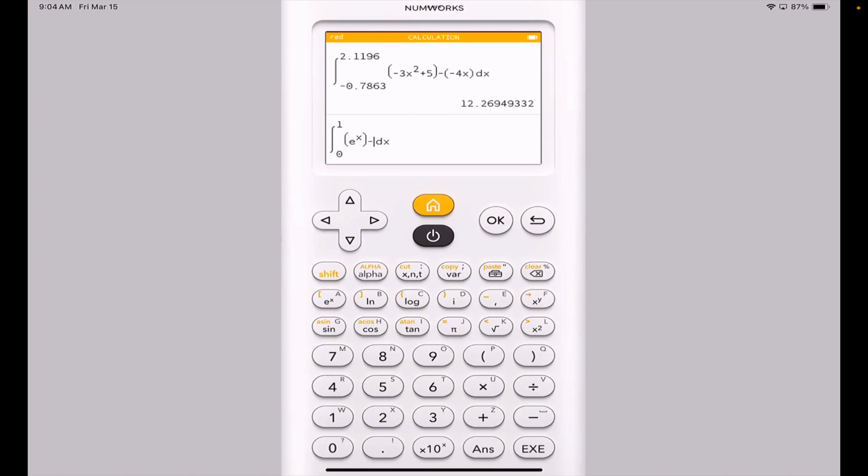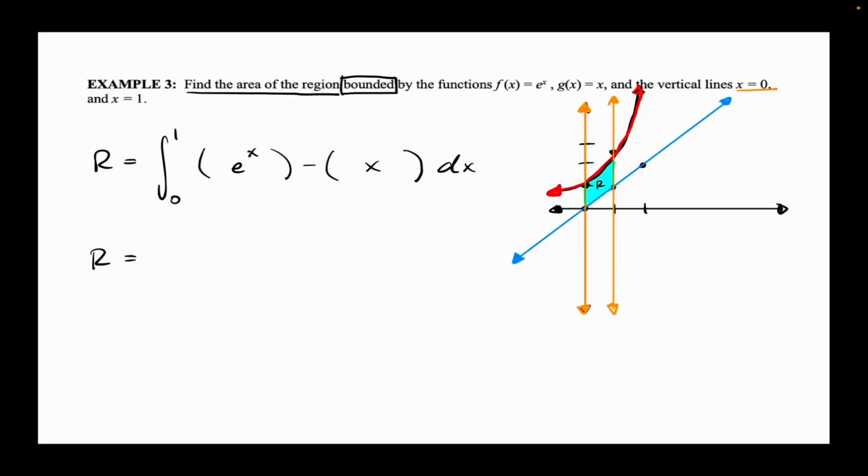Minus parentheses, x, close parentheses, enter. 2.128. Done.